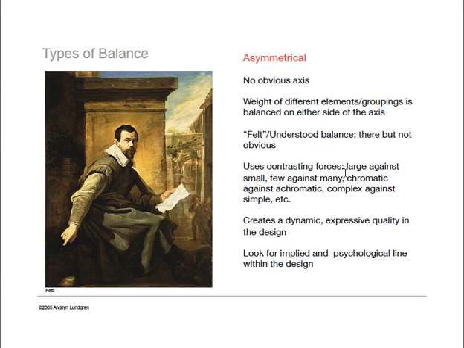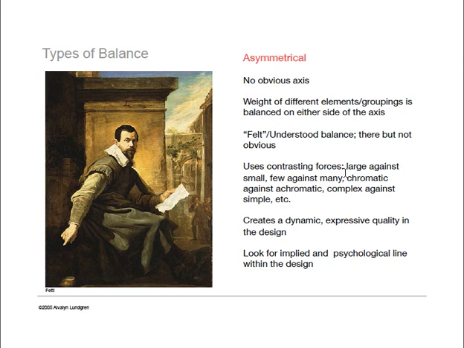Asymmetry or asymmetrical balance is where position, weight, and direction really come into play. And there is no obvious axis. Basically, you understand that there is an axis, but sometimes it's hard to find, so you look for implied lines. You look for repeated directions. You look for a dominant continuation of line, implied line through the piece.